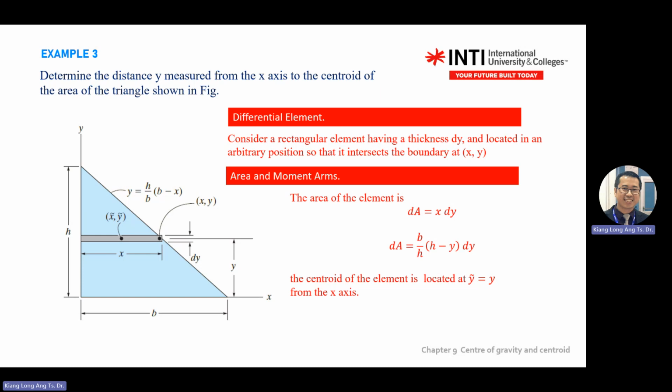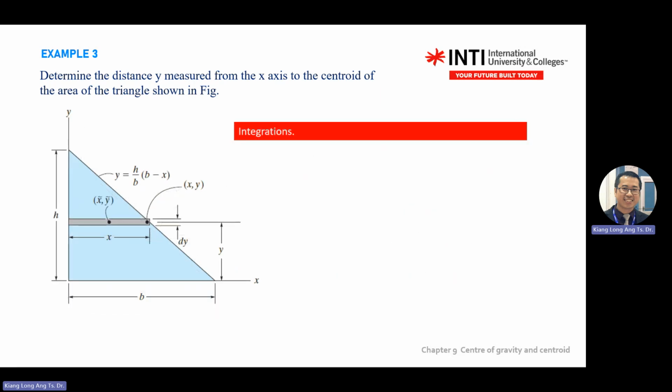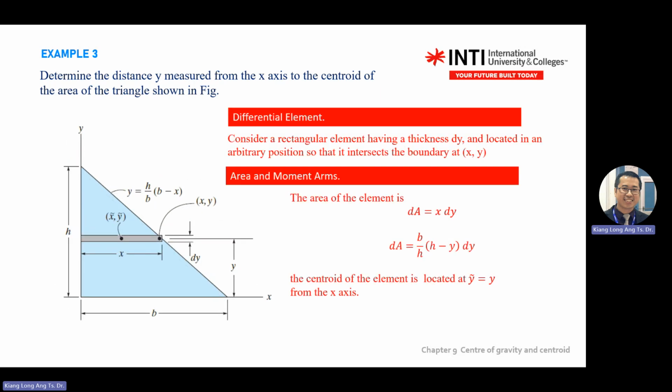Once you have your dA, you are using this equation, the integral of y dA over the integral of dA. How do you know you need to use dA? The question mentions centroid of the area. So you use integrate dA. Then the third step is integration.